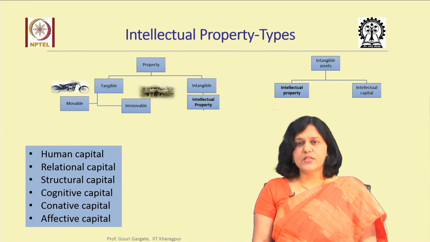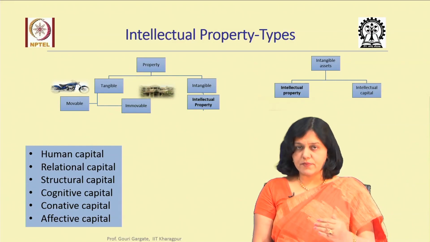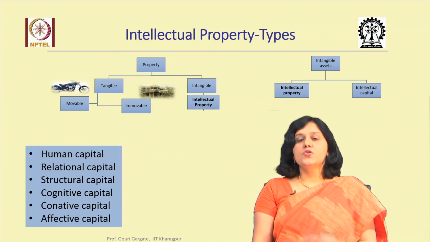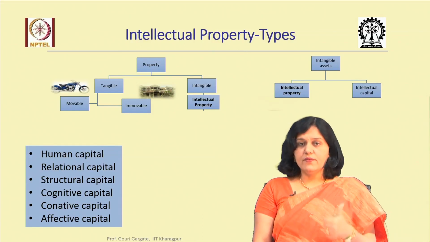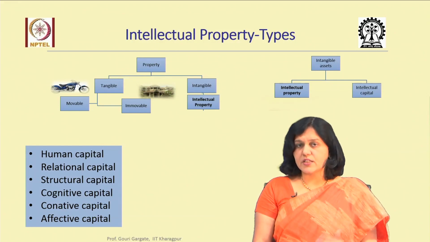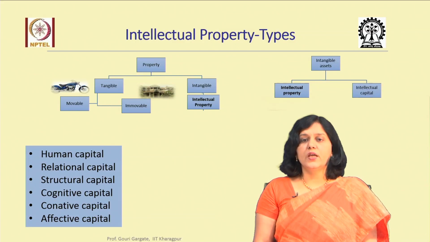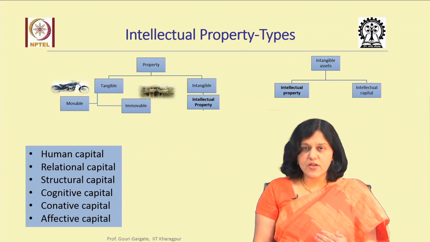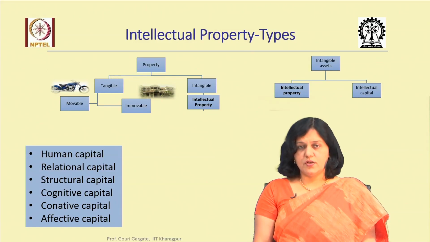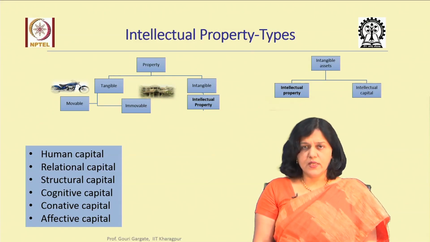Of course, that intuition is based on their knowledge in that subject, so that is cognitive capital. So, these three, conative, cognitive, affective and then human, structural and relational, all together form innovation capital. This innovation capital creates invention or innovation or any other type of creation.